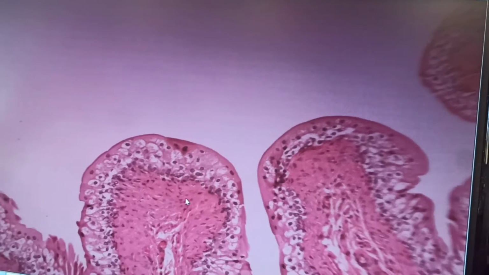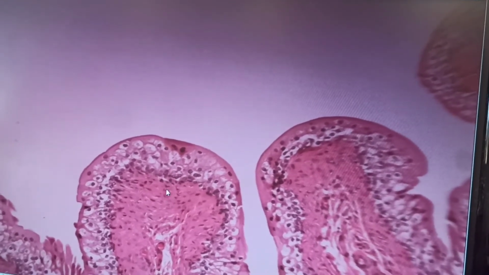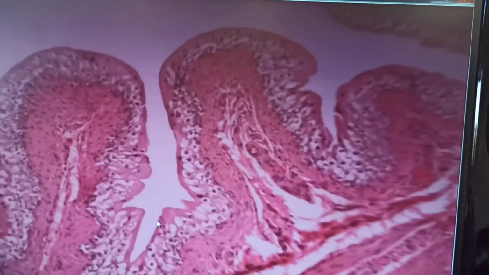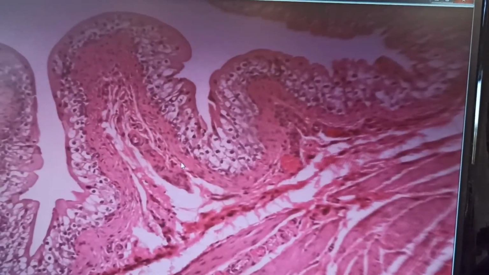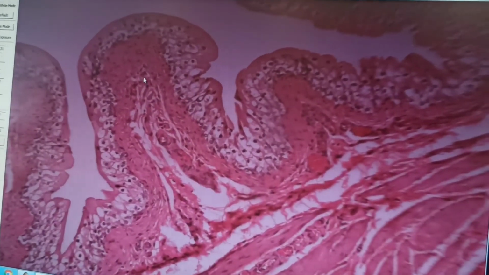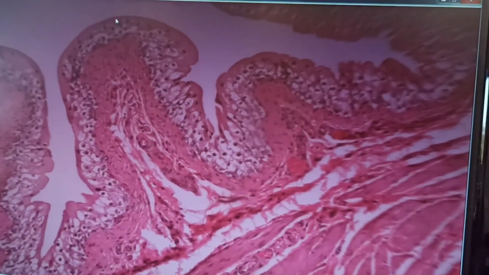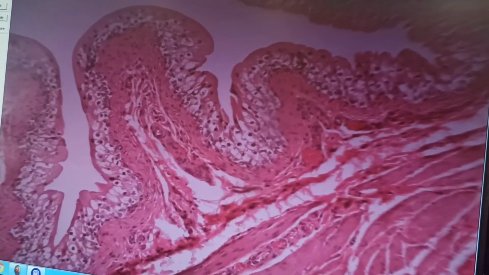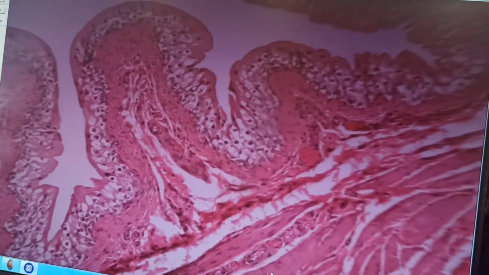There's the lamina propria. Then the submucosa, the lamina propria, and the epithelium called mucosa: mucosa, submucosa, and the muscularis.